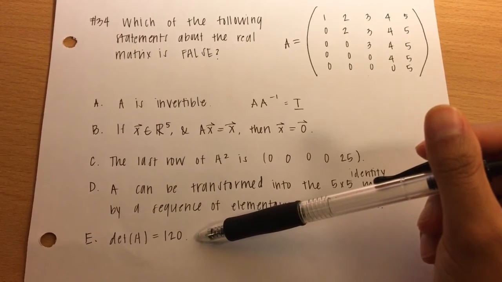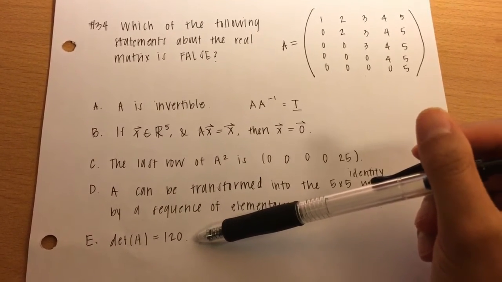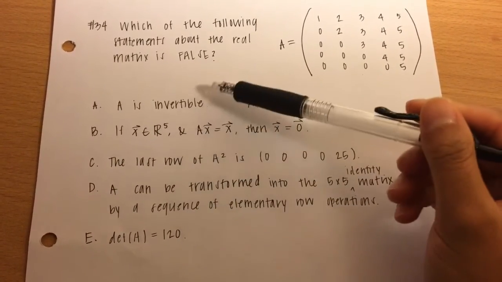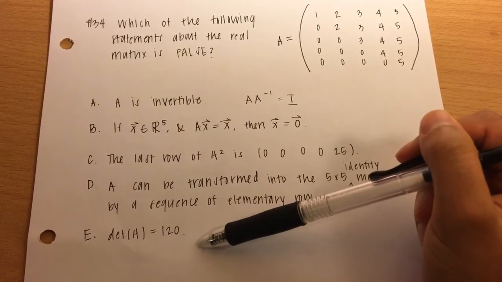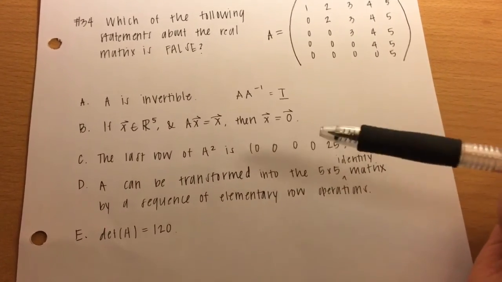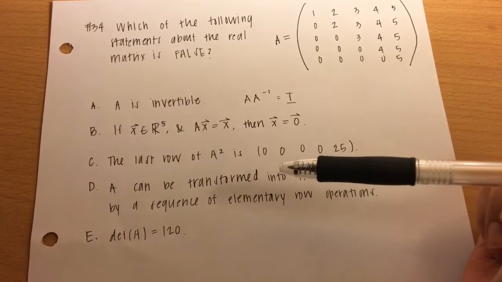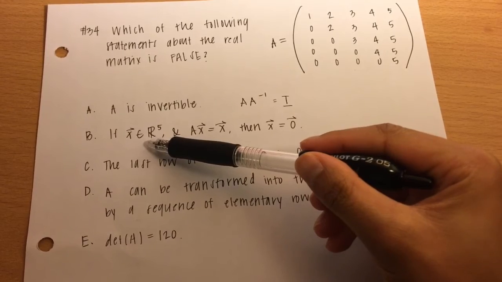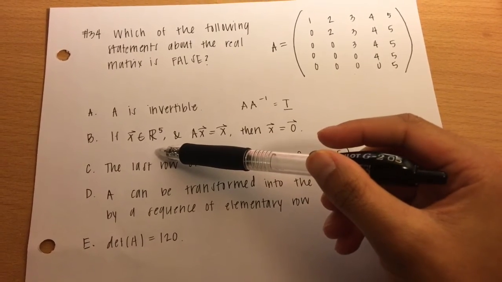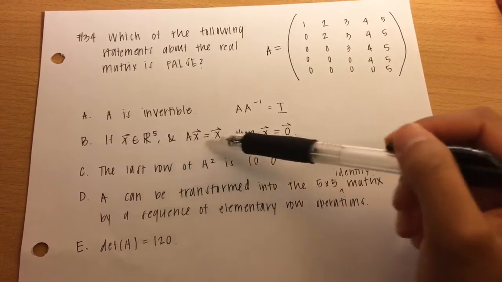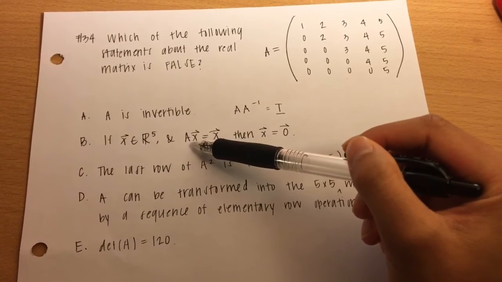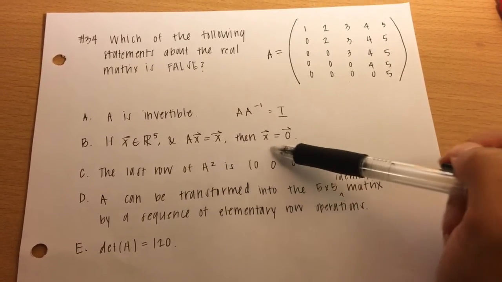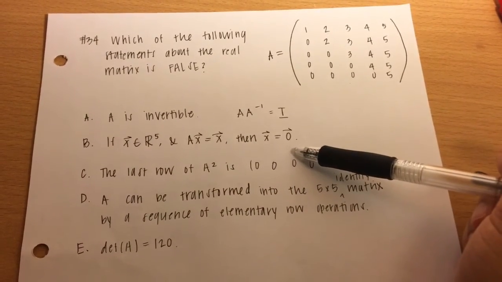So we can assume that both of these statements are true, and then we can eliminate choices A and E as our answer. Now, what choice B is saying is that a vector, the eigenvector, can be found in a 5-dimensional space, and the matrix multiplied by that vector equals the vector, then the eigenvector is actually a zero vector.